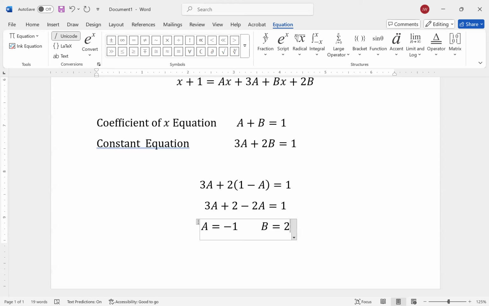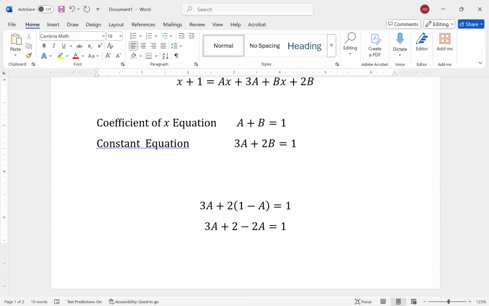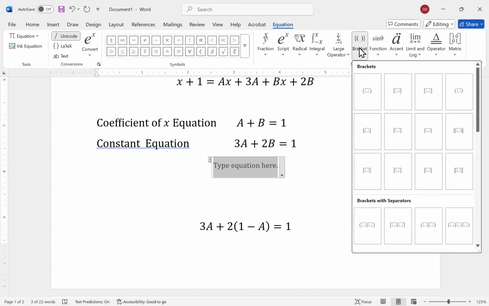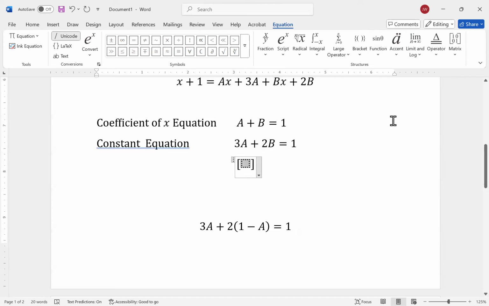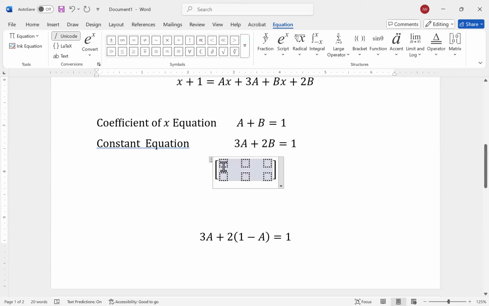Yet another way you could have done this is with technology. And I like to do this a lot with technology. It gives me a real quick, easy way to do it. What I mean by technology is I would create the augmented matrix. You may not have seen this technique, but I would create an augmented matrix with the coefficients. So coefficient of A is 1, coefficient of B is 1, is equal to 1.